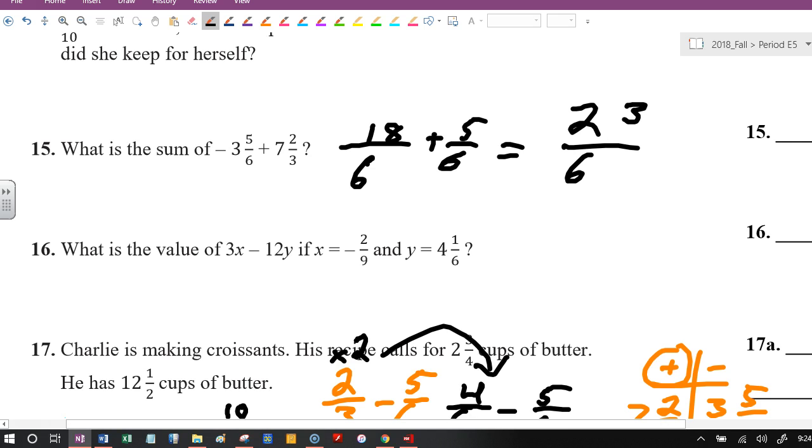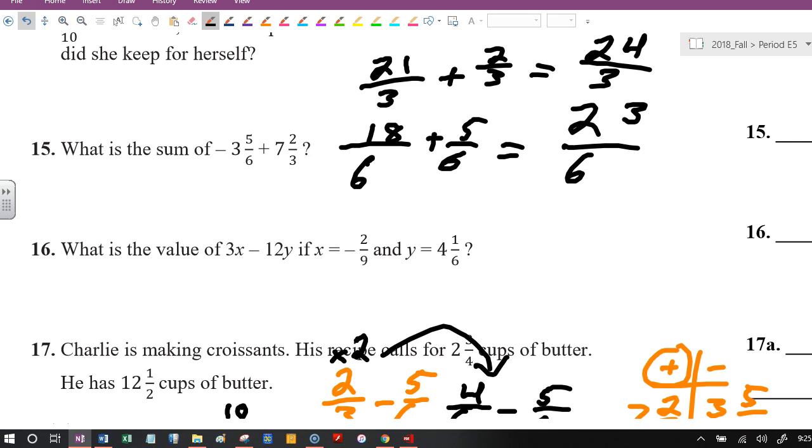And then we have 7 times 3, 21. Oh, we're doing thirds now. 21/3 plus 2/3 is 23/3. Okay, those are our 23. I know, I was just seeing if you had.